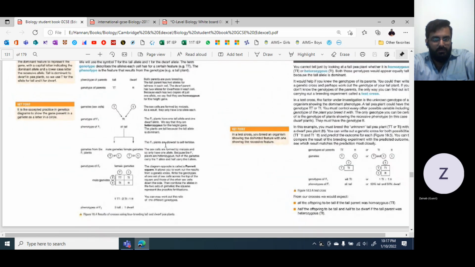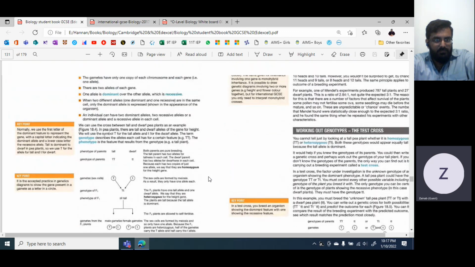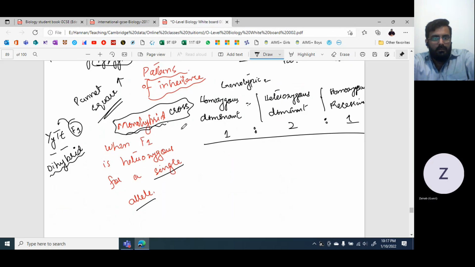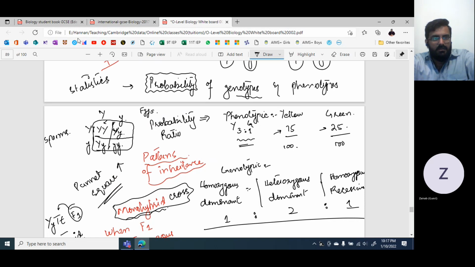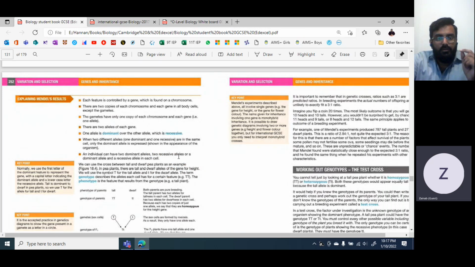And I also understood genotype in a better way. So the revision is giving you benefit, right? Yes.